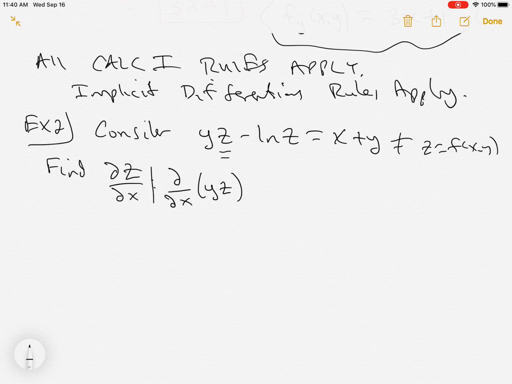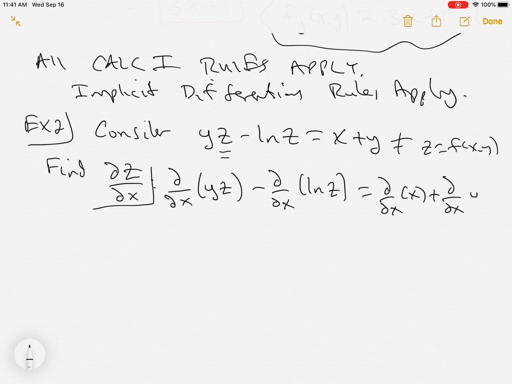So now I'm computing the partial with respect to x of the first term yz minus the partial with respect to x of the second term ln of z, which is equal to d dx of x plus d dx of y.